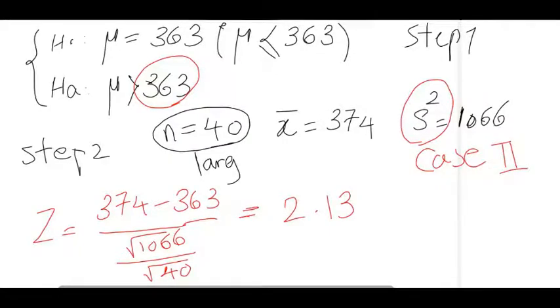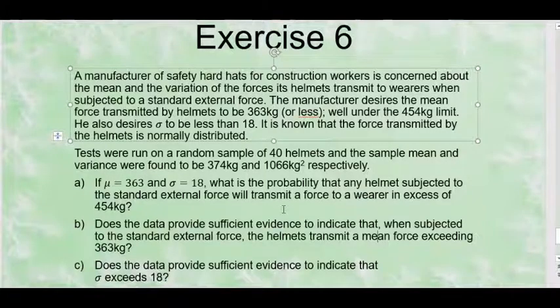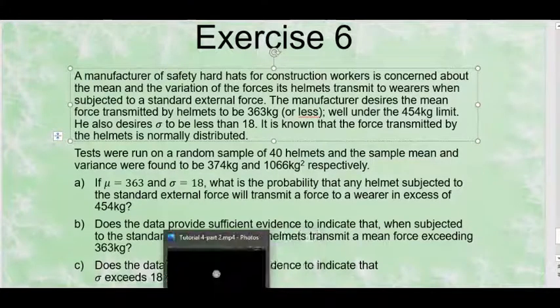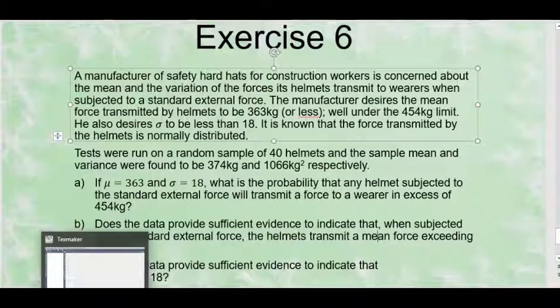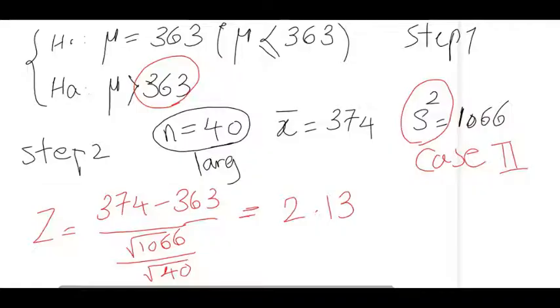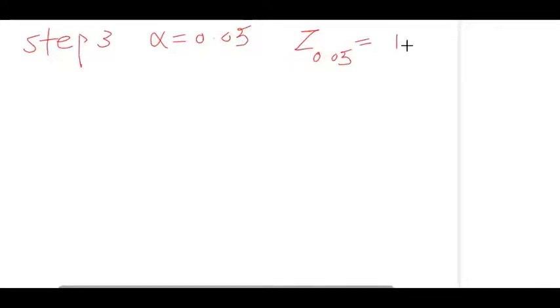Here we don't have, I think, the significance level of the test in the question. Yes, we can assume that alpha is equal to, for example, 0.05. So in step 3 we assume alpha is 0.05. We have a right tail test. So z for alpha, which means 0.05, is 1.645.